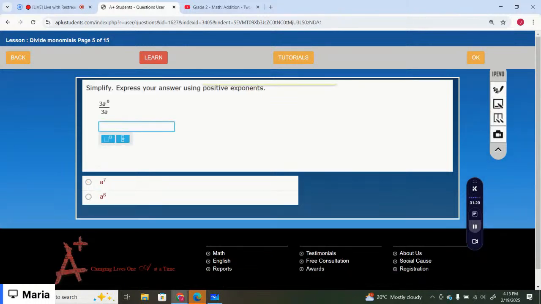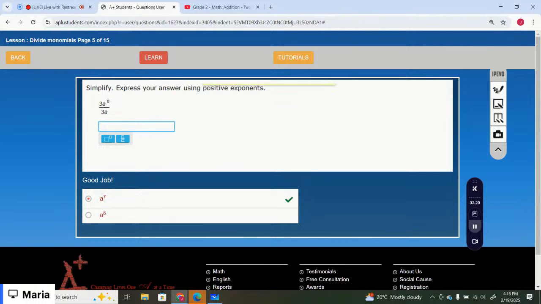Very good. 3a8 divided by 3a, which is the correct option? The correct option is a7. Option number one is the correct option.